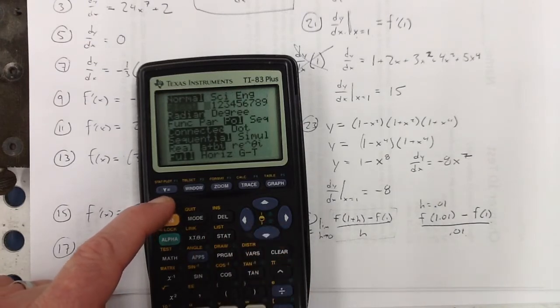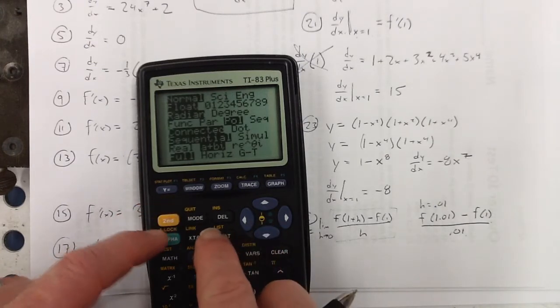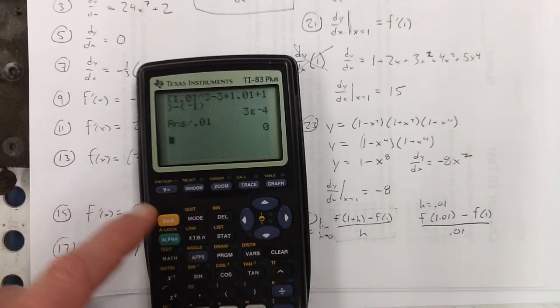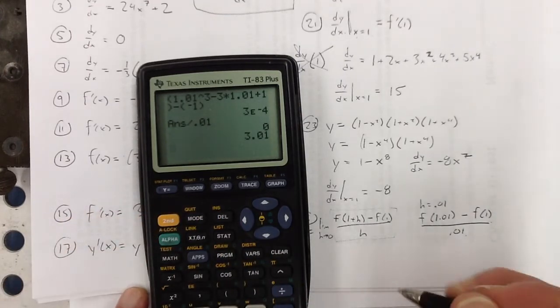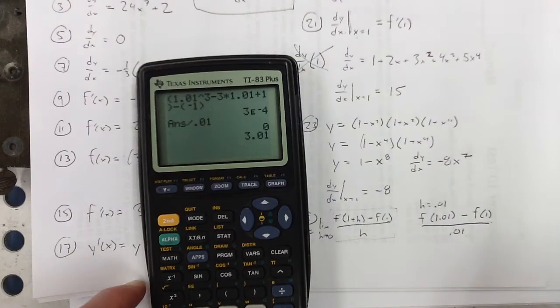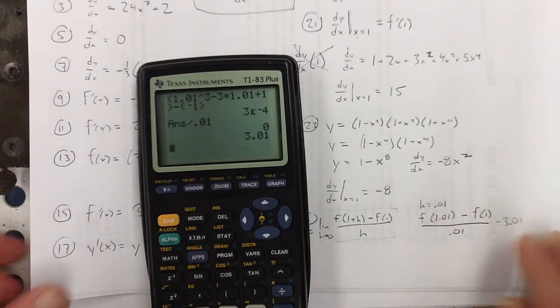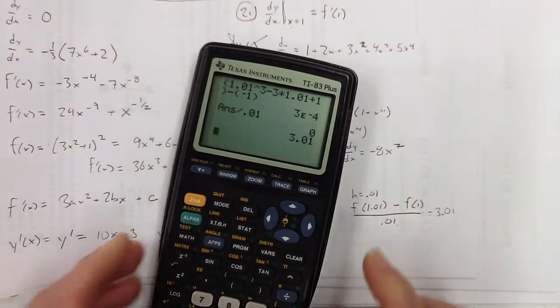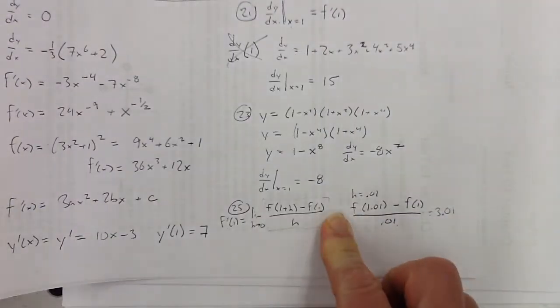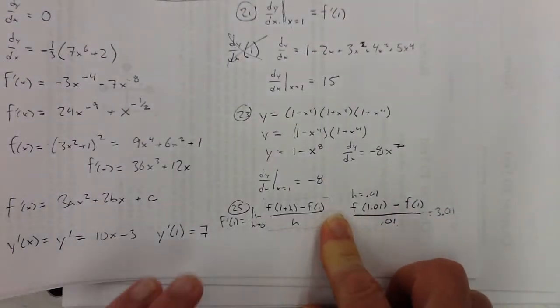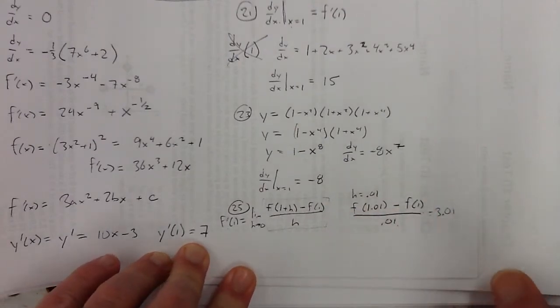Yes. Let's get out of that. There we go. That was for weird rounding stuff. So 3.01 I got there, and then they want me to find it again just by actually finding the derivative straight up.